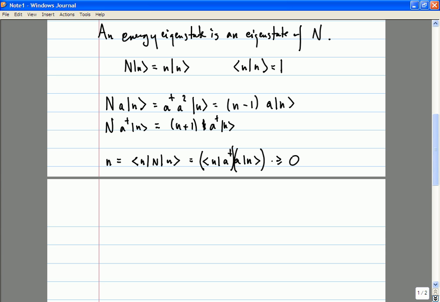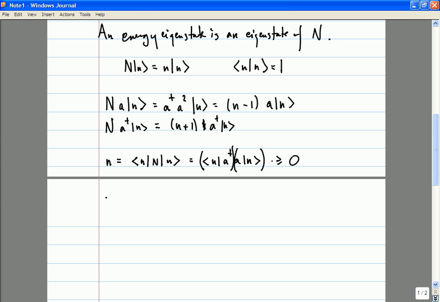And we also know that acting with a lowering operator can lower the eigenvalue of the number operator. That means that if you have a state whose eigenvalue of the number operator is not an integer, you could keep lowering it until you got a negative number, which would violate this equation that I've written here.